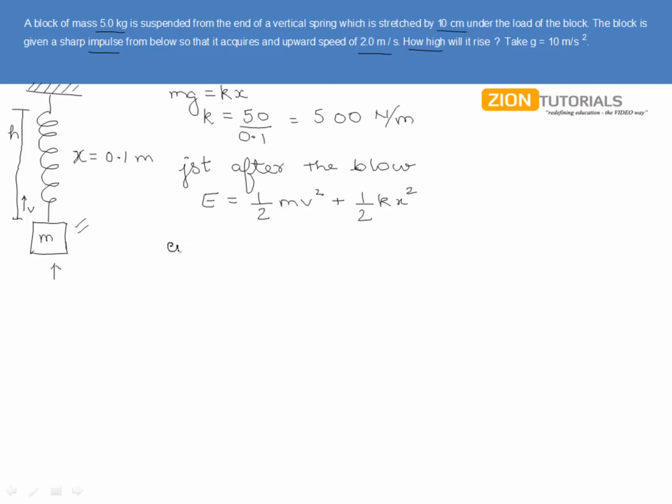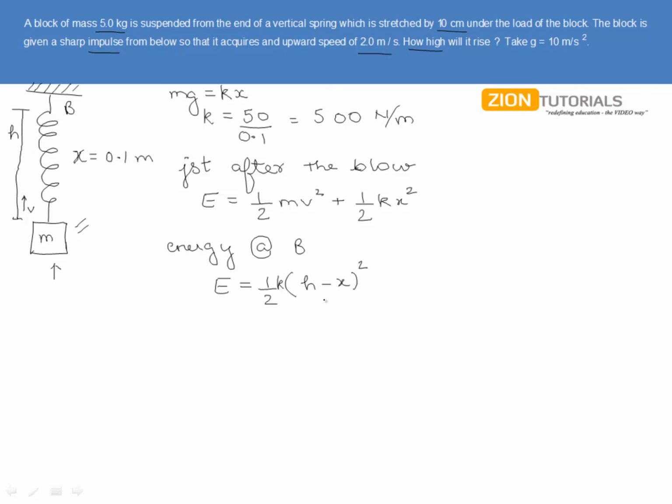Now let us also frame an expression for the energy at the height h, let us take it as point B. There we have the energy equal to half k times (h minus x) whole squared, because it is half kx squared, where x is the extension or the contraction.